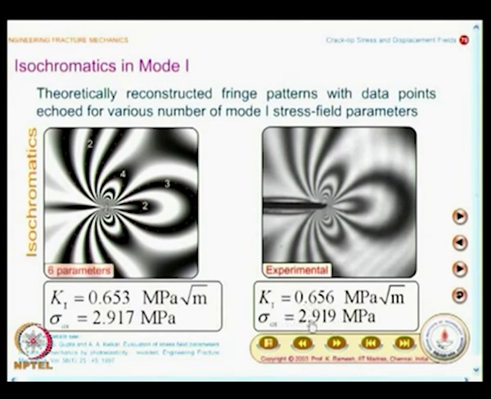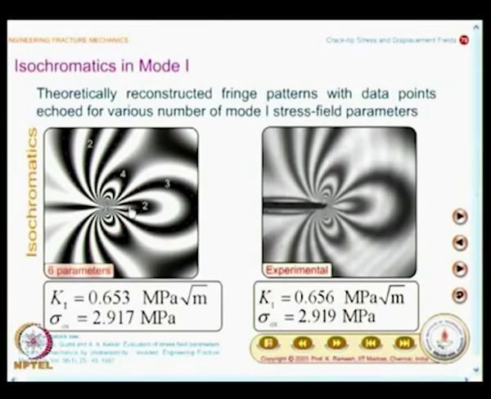This is obtained for an 8 term solution. So, what you get here is that by taking more terms in the series, you are in a position to capture the experimental features, which also confirms that the stress field solution we have obtained indeed models the stress field in the near vicinity of the crack tip.